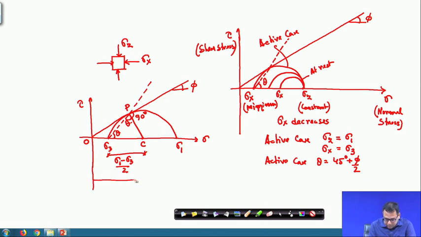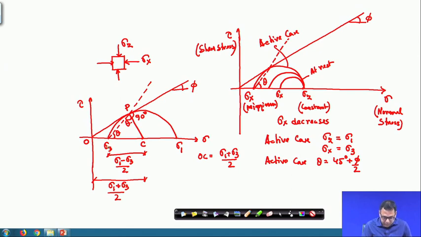And the center of the circle C from the origin is sigma 1 plus sigma 3 divided by 2. So, OC is sigma 1 plus sigma 3 divided by 2, and the radius r of the circle is sigma 1 minus sigma 3 divided by 2.